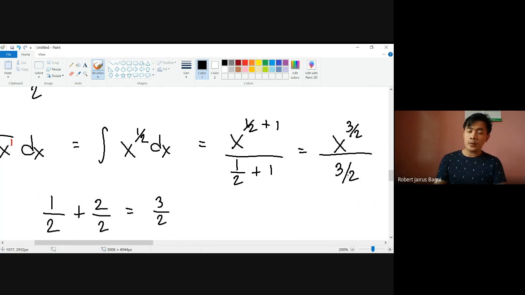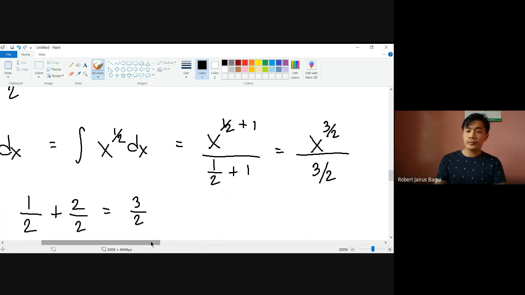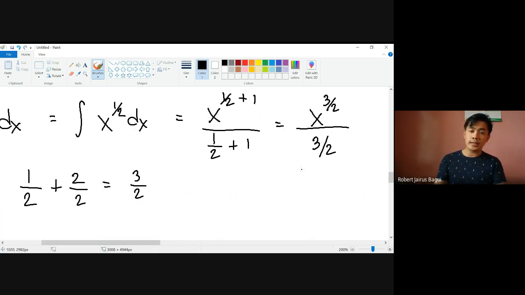Ngayon, yung 3 halves, kung gusto natin siyang katabi lang ng x, hindi gantong nasa ilalim yung 3 halves. So parang magre-reciprocal lang since ito ay isang division sign. Kumbaga yun yung division sign, yung pinaka-fractional na guhit na yan.